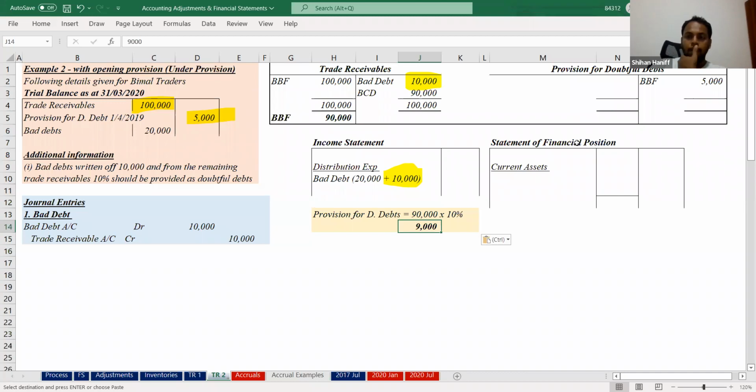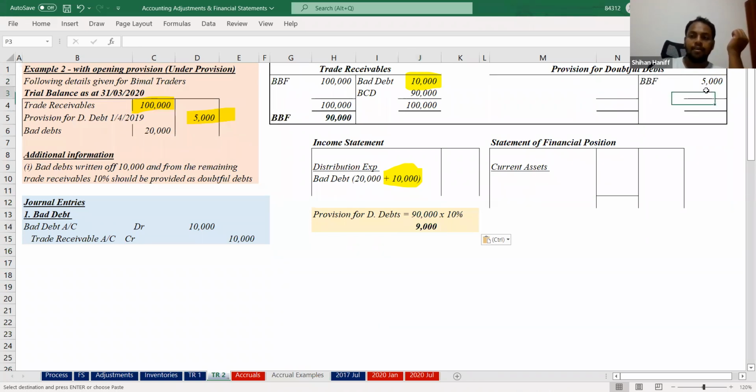Now, in this example, there is an opening balance. That means last year they have provided 5,000 as the provision for doubtful debt. This year it should be 9,000.